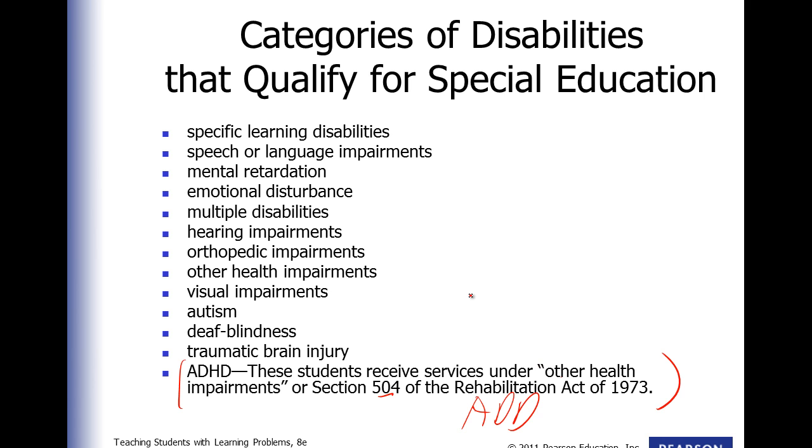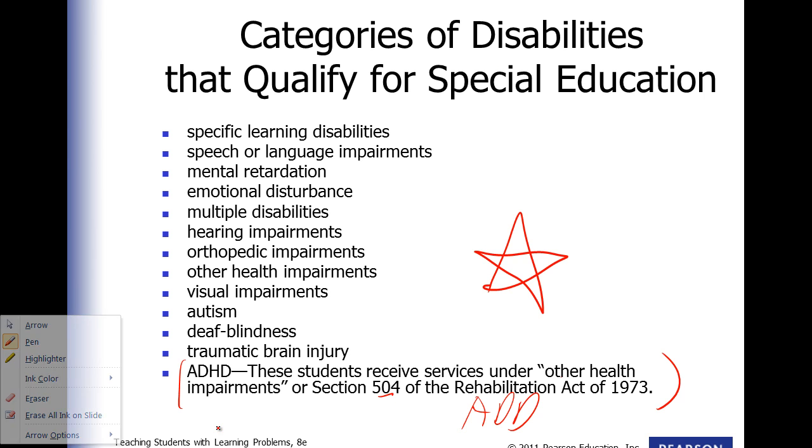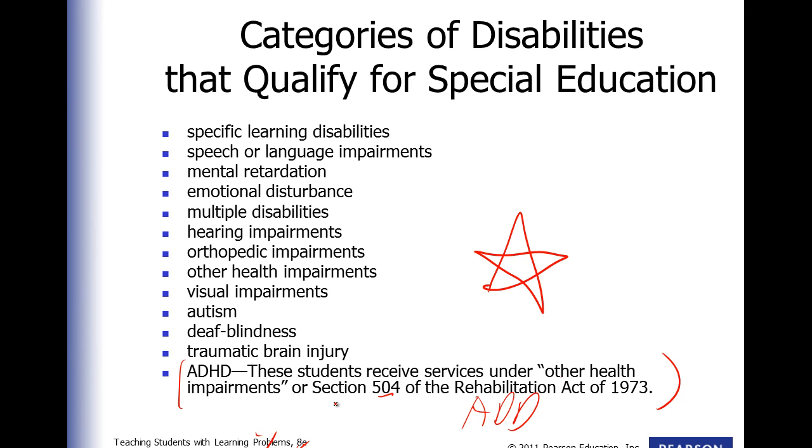Okay. Again, now, before we go on, this too, I want you to take to your wiki and organize this on your wiki, these categories of special education that qualify for special education. And each time you take this, I want you to credit it to this textbook.